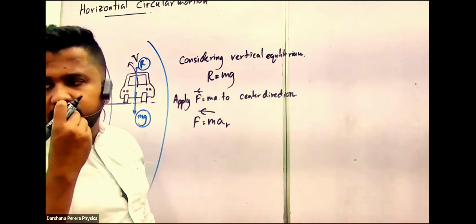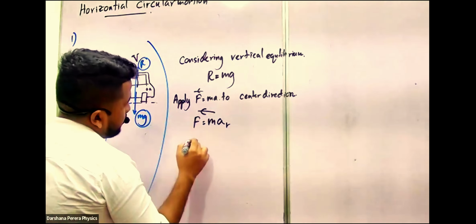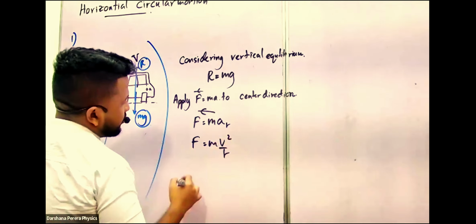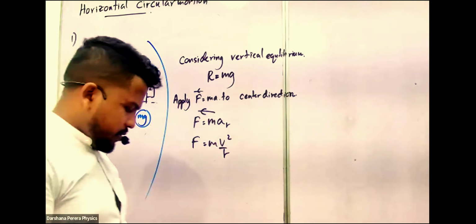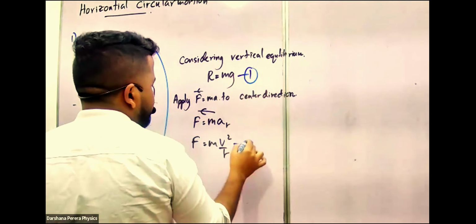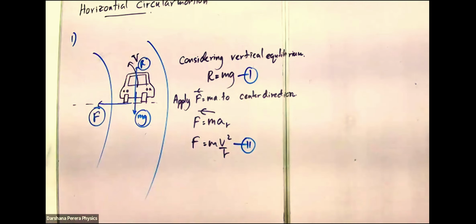Therefore, F equals m v square over r. This is number 1 and this is number 2.